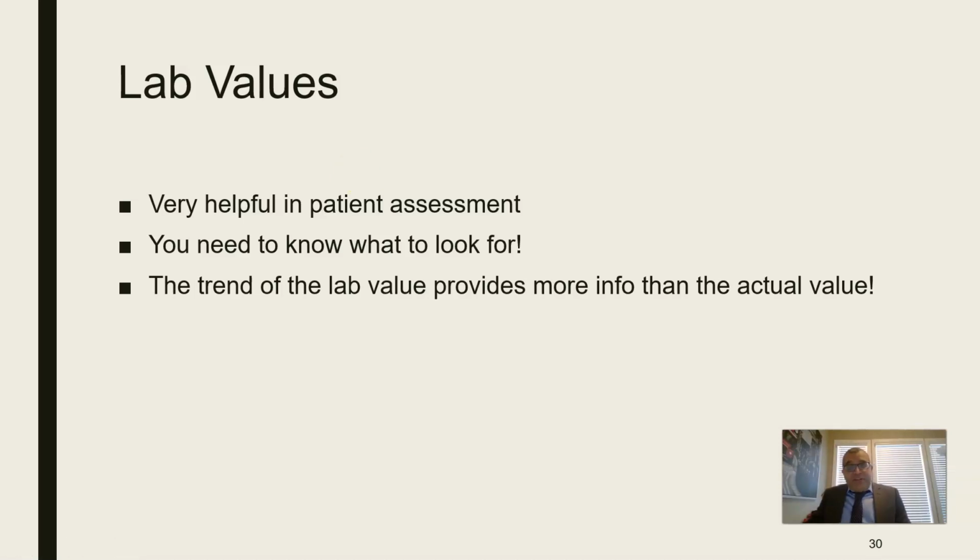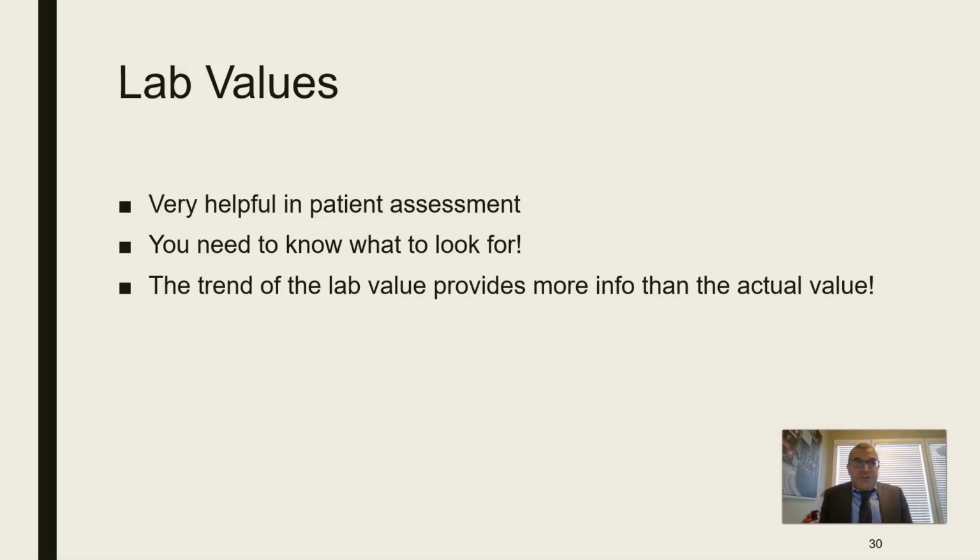The trend of the lab value provides more info than the actual value. For example, if I tell you today the patient's serum creatinine is 150 micromole per liter, oh, that's going to be a little elevated, right? But if I tell you yesterday the patient's serum creatinine was 200, now when you're thinking of the trend, 200 becomes 150, the kidney function is improving, right?